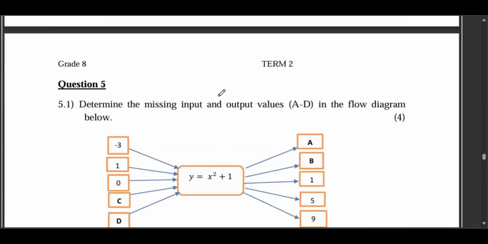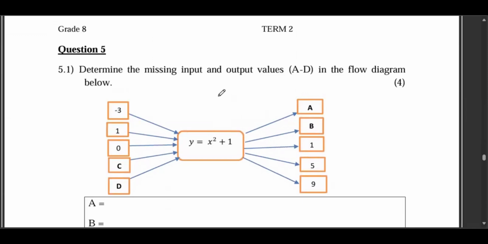Okay, we look at these functions. A function should have an input and it should have the output. All right, you ask yourself, how did they get these values? A, I shall say -3 squared. Why am I using -3? Because -3 is on the same level as A, but it has to first go through the process and it comes out.